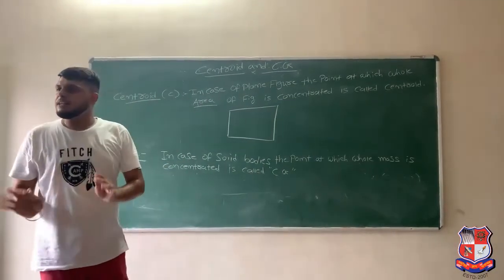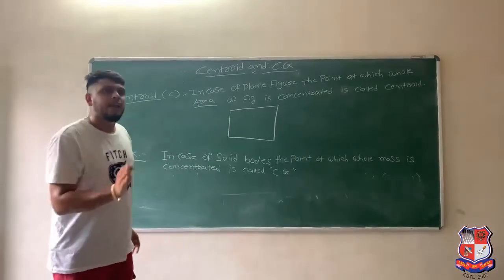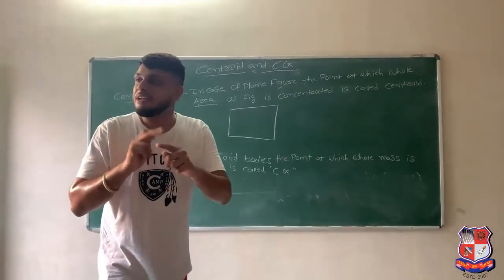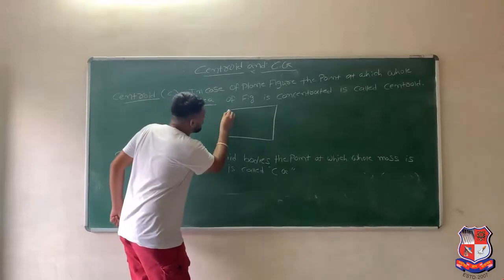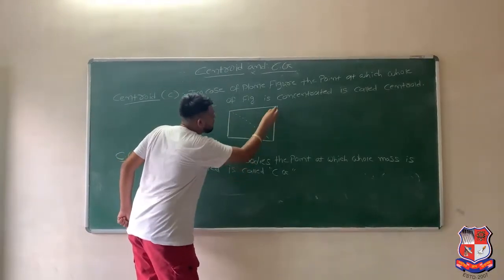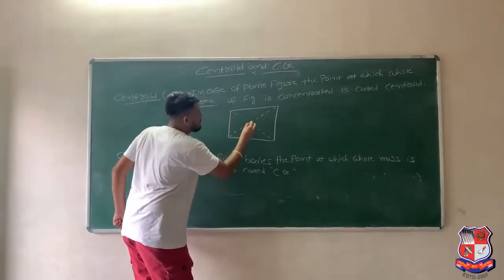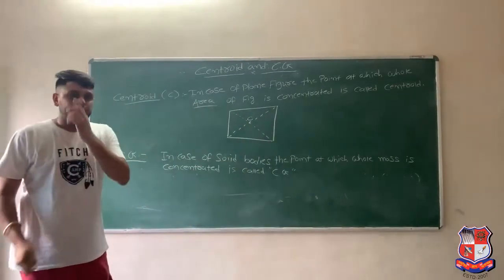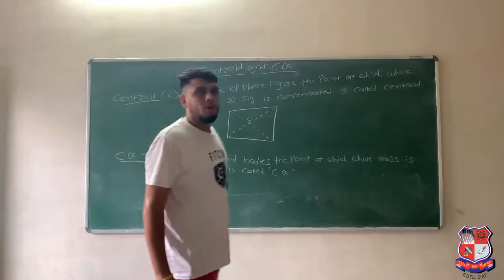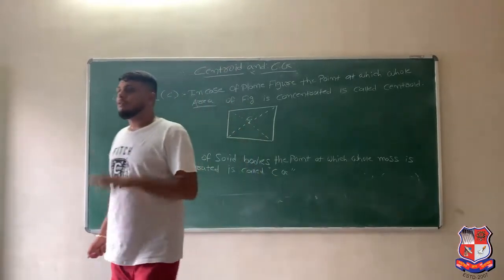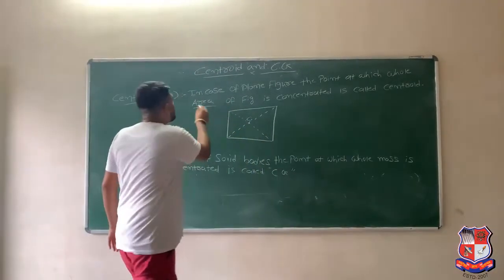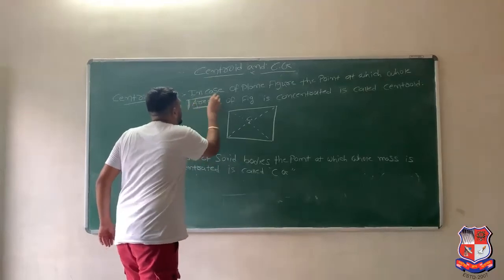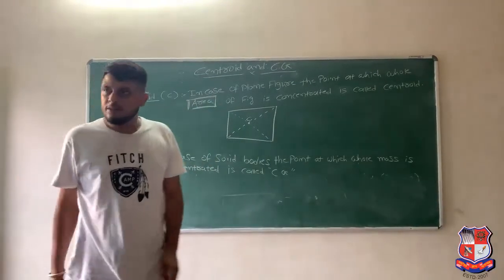It is nothing but the geometrical center where the 2 diagonals intersect. It is called centroid. It is the geometrical center point at which the whole body area is to be concentrated. Area is the keyword in this definition.